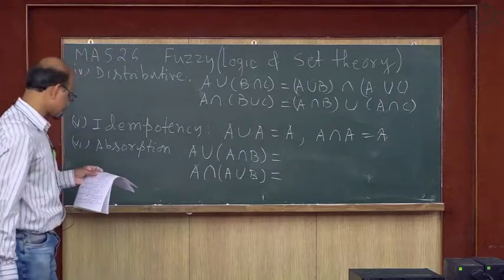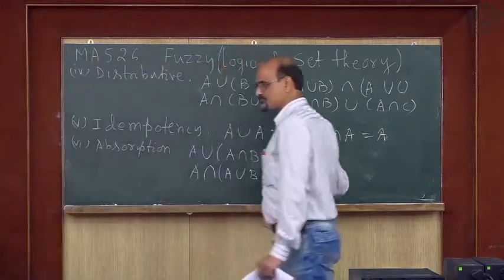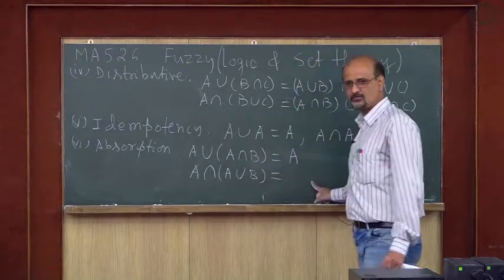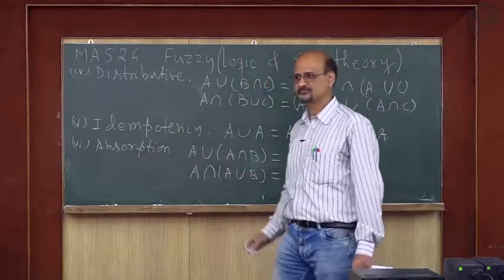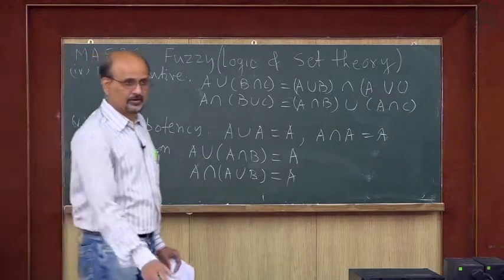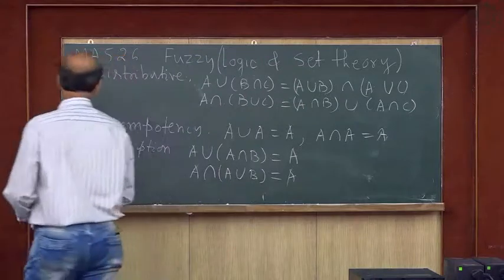Those are absorption. A union (A intersection B) is A, and A intersection (A union B) is A. So, that is why it is called absorption. Now, we have 4 more properties.